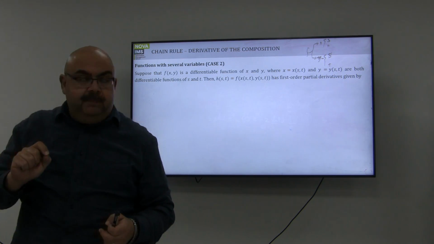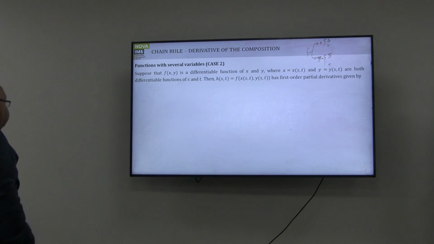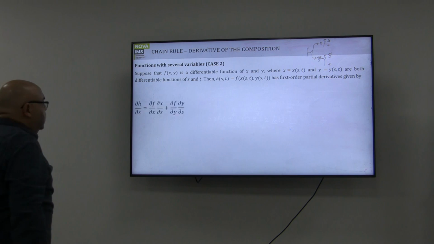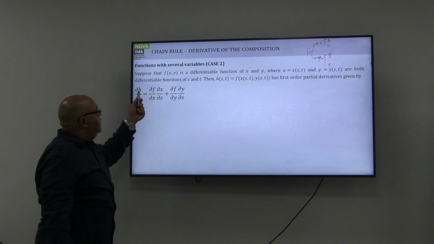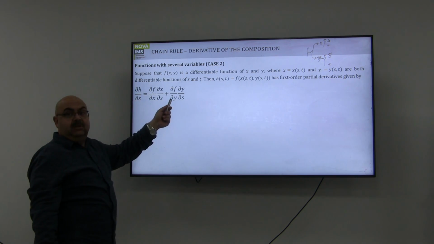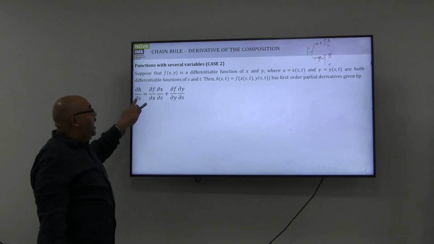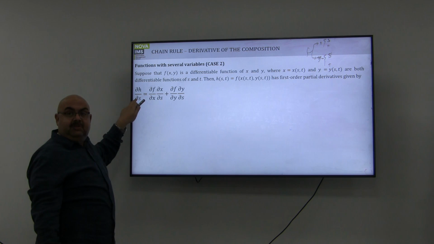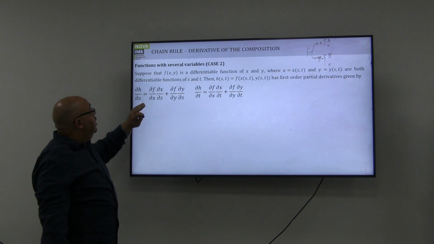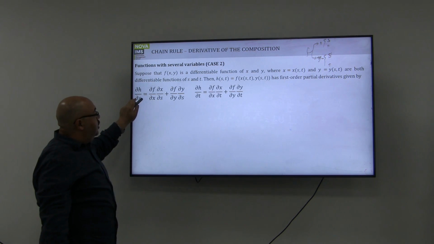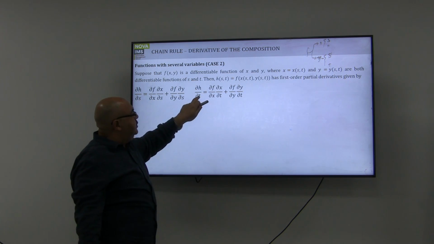partial derivatives. So once more, in this case, I will differentiate the main function with respect to its variables. Then I will do the link between this variable and the chosen variable with respect to the main function. So I can differentiate h with respect to s or h with respect to t.